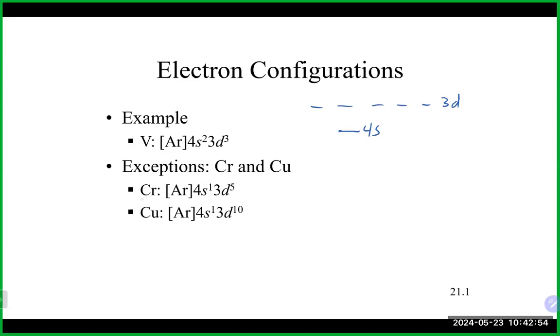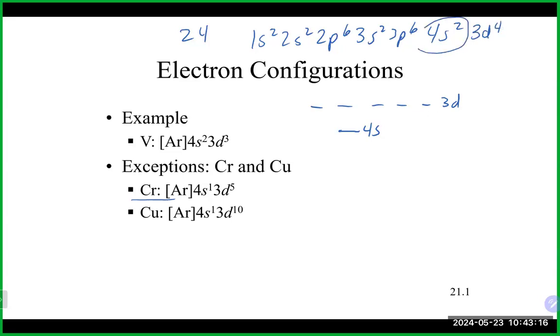For example, if we look at chromium, which is 24, and you just wrote the electron configuration following that zigzag thing or whatever it may be, you might be tempted to write 1s2, 2s2, 2p6, 3s2, 3p6, 4s2, and then 3d4. The exception is here.